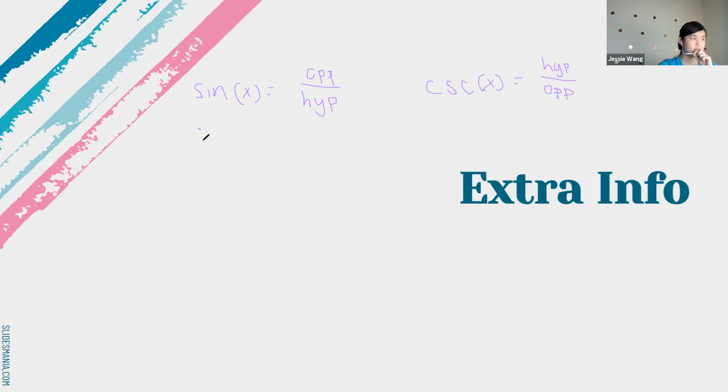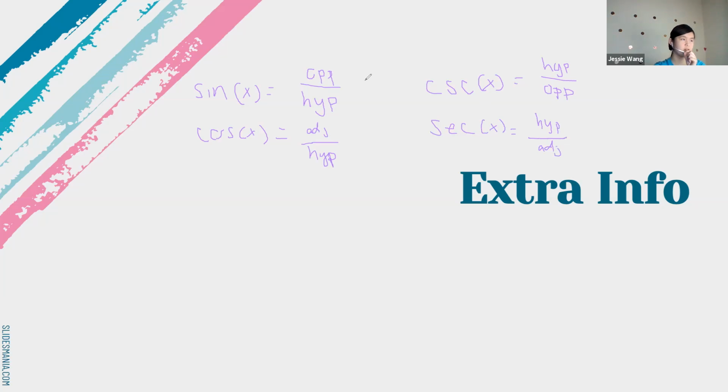Now we also define cosine of x. And this is equal to the adjacent over the hypotenuse. But we also have sec of x, secant of x. And this is equal to the hypotenuse over the adjacent.